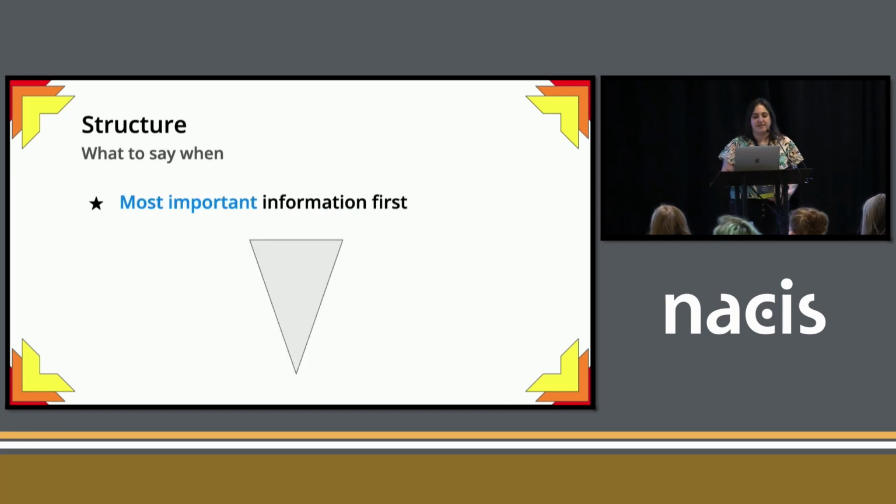Most important information first. Anyone in journalism knows about the inverted triangle. The inverted triangle is where you put the most important information first. What is the headline? What is the most important thing? And then you drill down into more specifics over time.